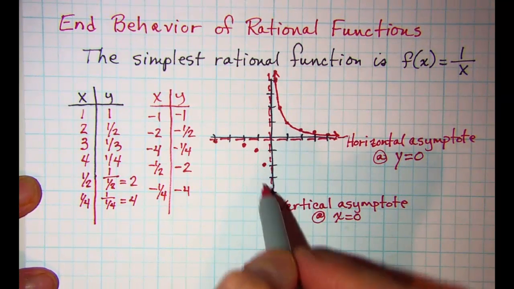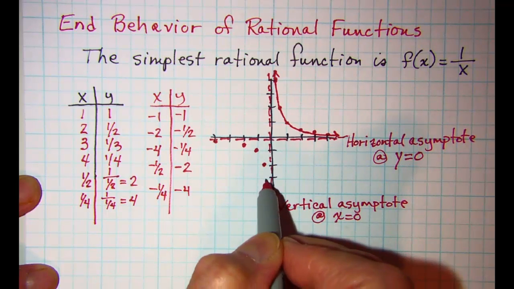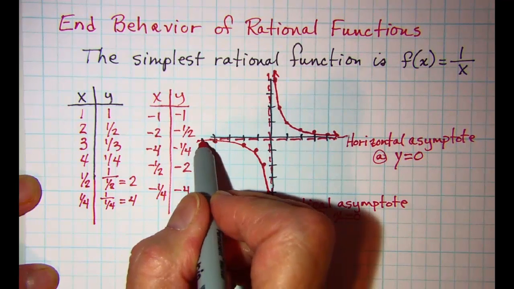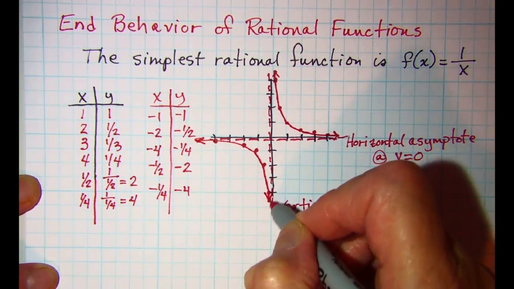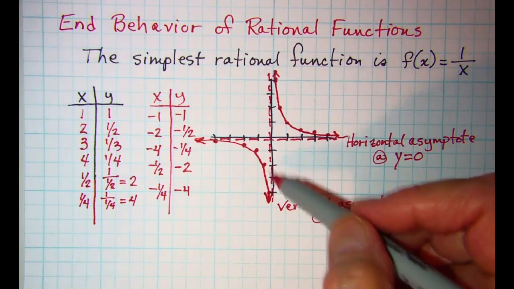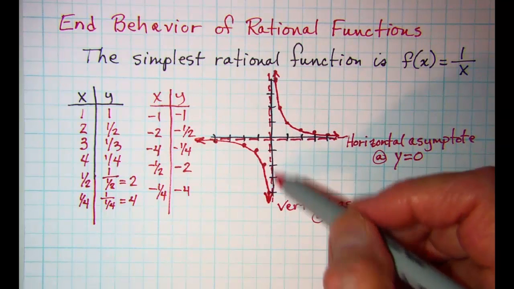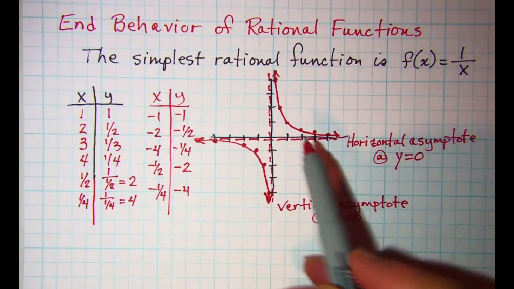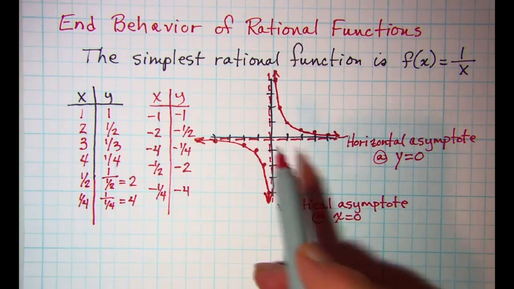So the curve on the left side of our y-axis looks like this. Now this curve, again, let me remind you, is never going to cross this vertical asymptote. Never going to cross this horizontal either.